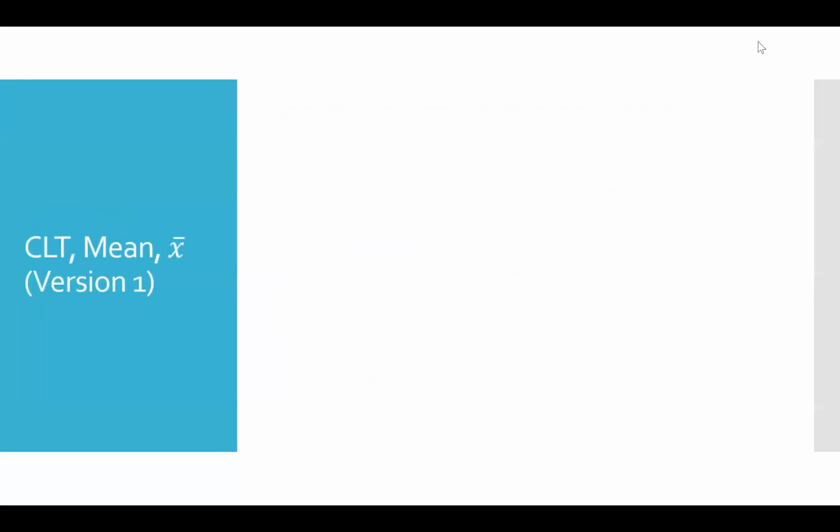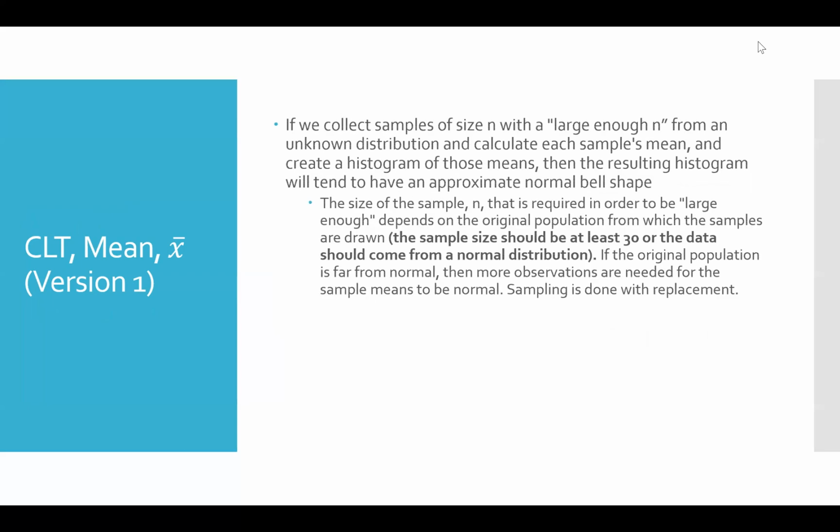So we're going to start with version 1, which is the central limit theorem related to the mean, and the notation, remember, for the mean is X with a bar across the top. And this is the technical part.